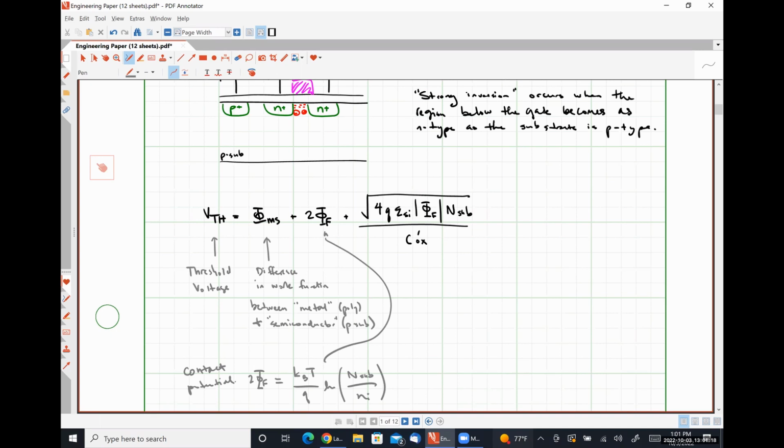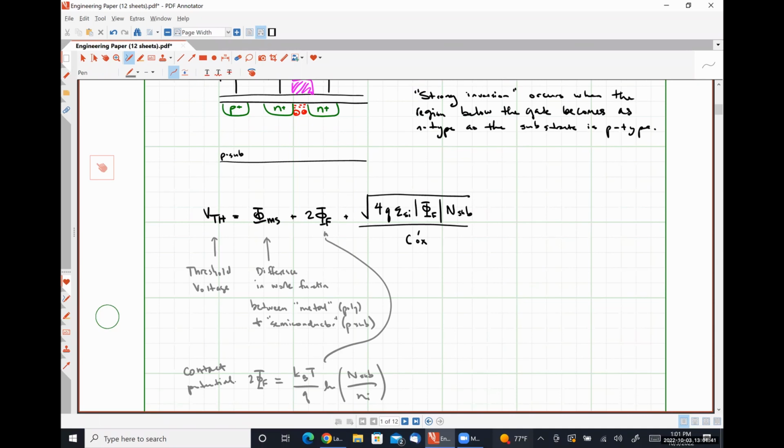It's got something to do with the Einstein relationship times the natural logarithm of the dopant concentration over the intrinsic carrier concentration. If it were a PN junction, this would be NA N_D over n_i squared, right? It also represents a voltage here.